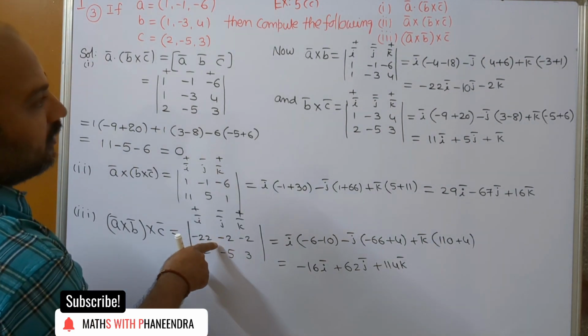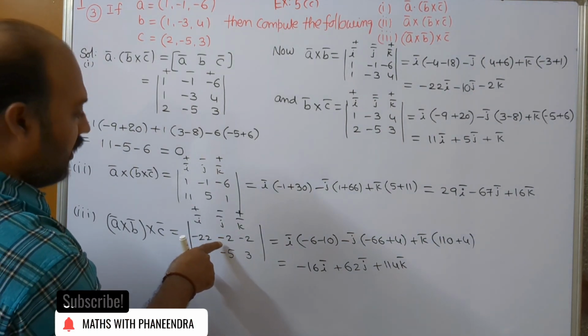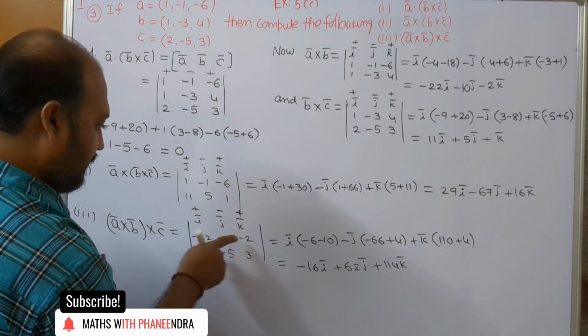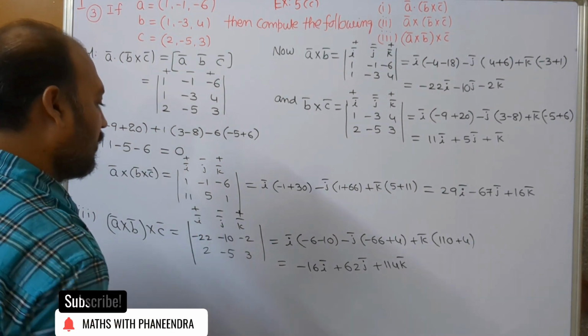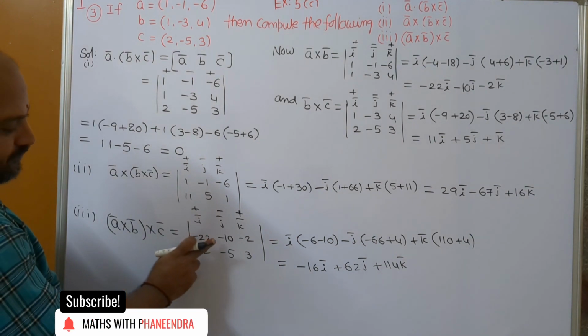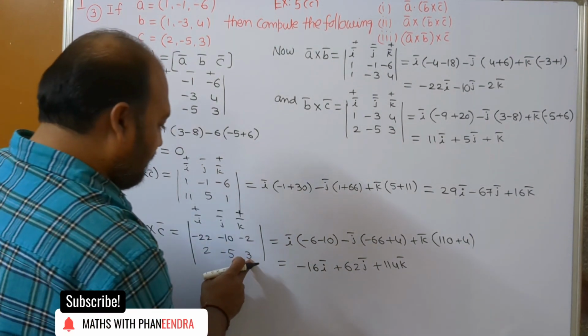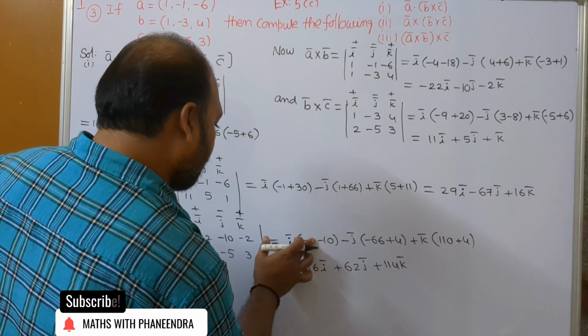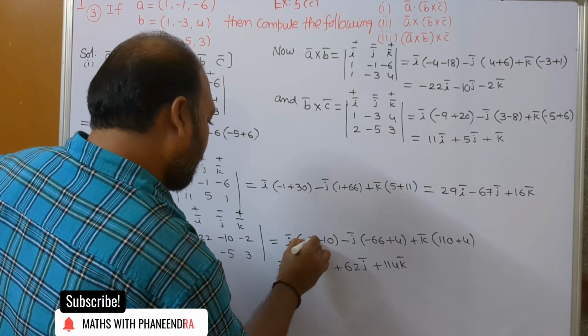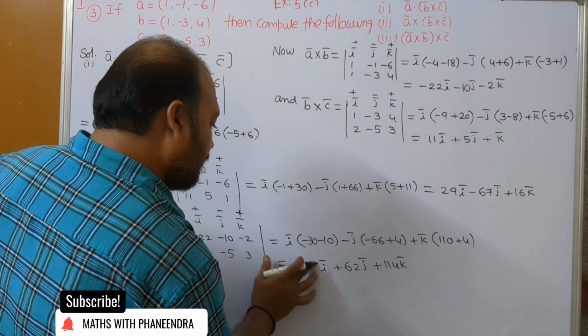A bar cross B bar. So minus 22i minus 10j. So here minus 10 into 3, minus 30, so minus 40i.